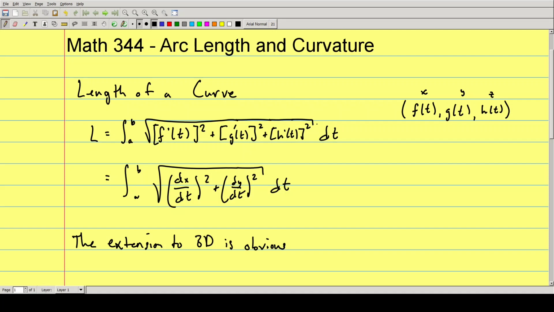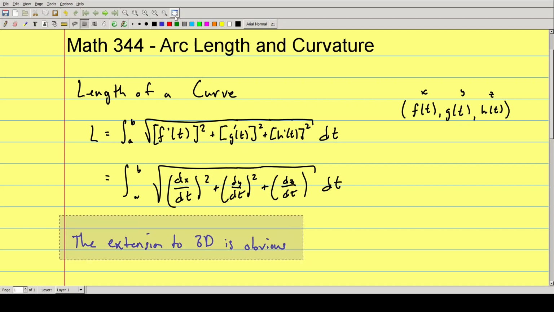Okay. At any rate, we just add the missing coordinate to this expression. So we'll put these in blue so it's clear what we added. Okay.